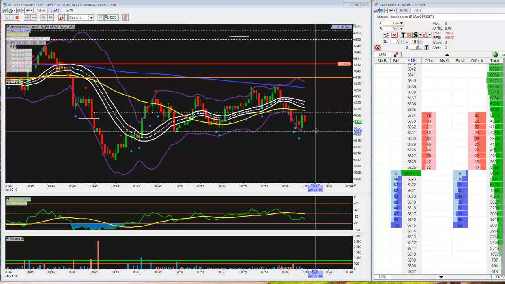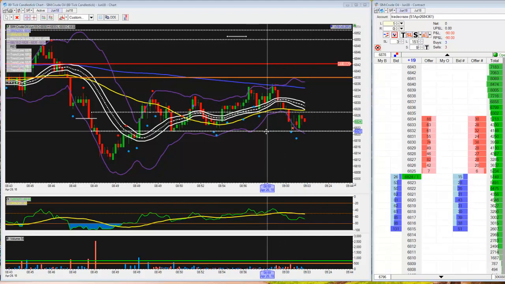Down to 21 there. Starting to trust these lines a lot more.